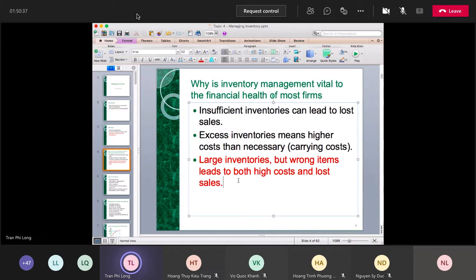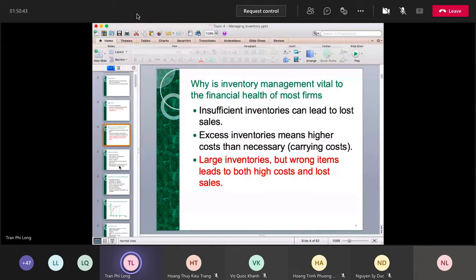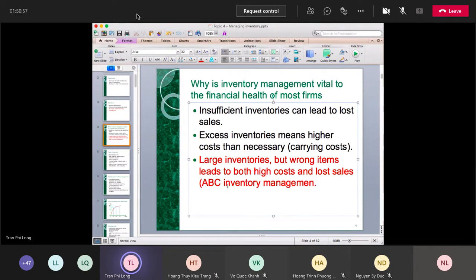So this one is the most terrible thing. And in order to reduce the risk of this one, later you will know that we have a management named ABC inventory management methods. Later you will know that.